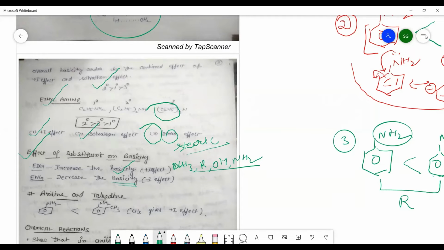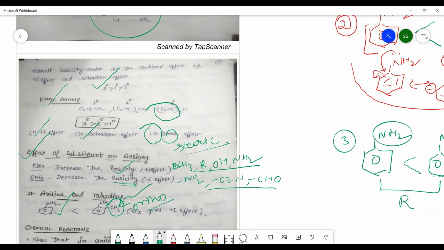Now, whenever electron withdrawing groups are present, like the NO2 group, the cyanide group, the CHO group, any group which is electron withdrawing in nature will decrease the basic nature. You can see aniline and toluidine. Toluidine means there is a CH3 group present along with the NH2 group. So it is an electron donating group. So aniline will be less basic in nature and toluidine will be more basic in nature. This is the ortho isomer of toluidine. In that manner, you can compare the basic nature of various compounds.